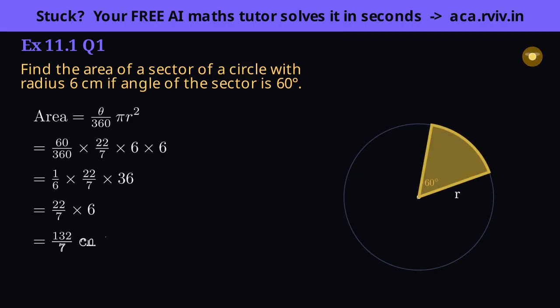We leave it as a fraction because 7 doesn't divide evenly. That's an honest exact answer. The habit to carry forward: with a friendly angle like 60, simplify the fraction to 1/6 first, the arithmetic then almost solves itself, and you rarely need a calculator.